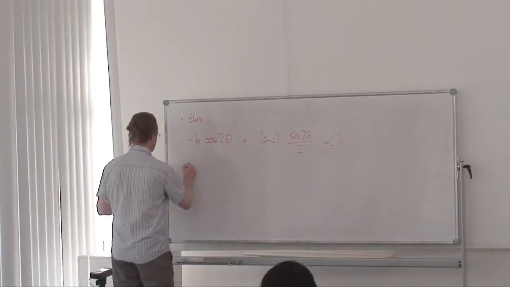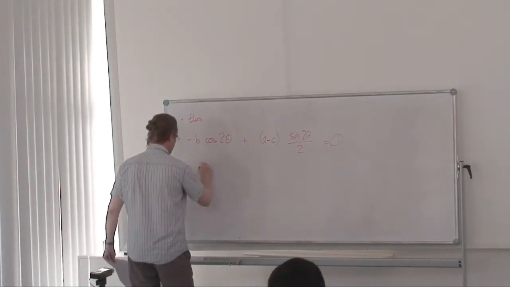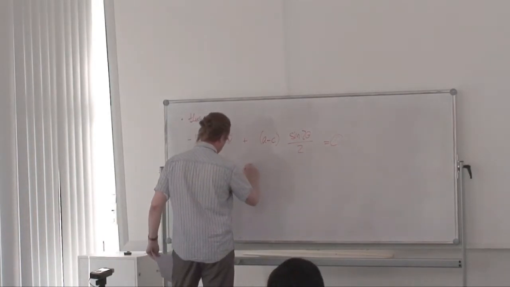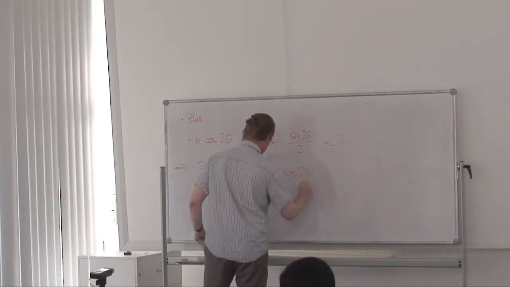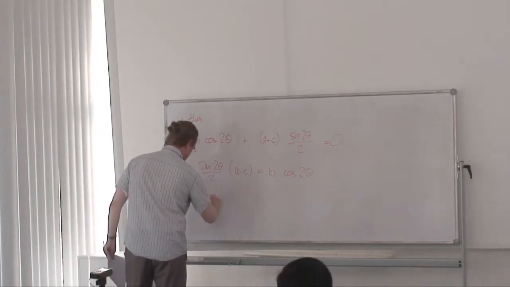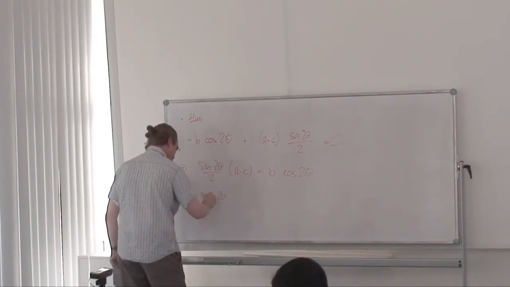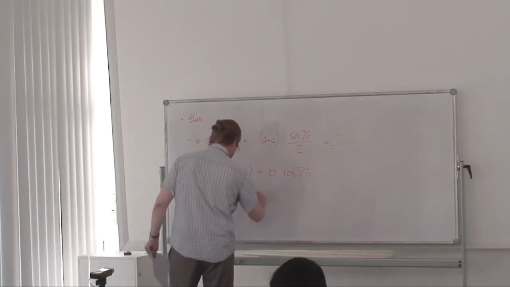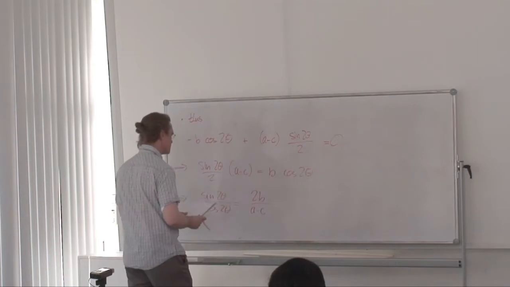So a minus c times sine 2 theta over 2 is the same as b cosine 2 theta. And this is to say that sine of 2 theta over cosine of 2 theta is the same as 2b over a minus c.